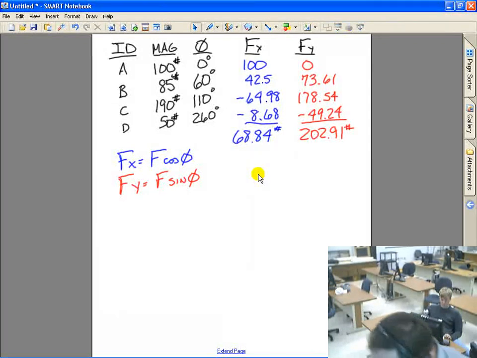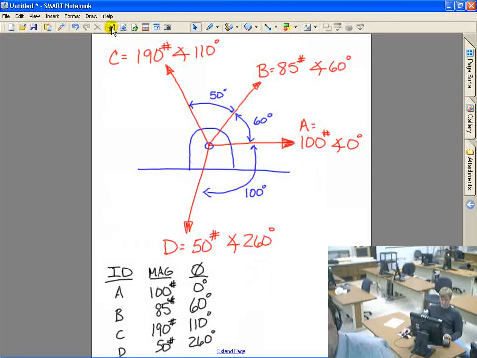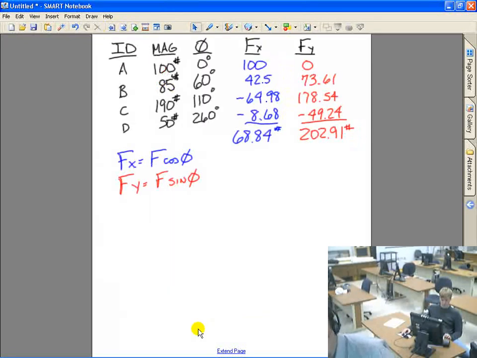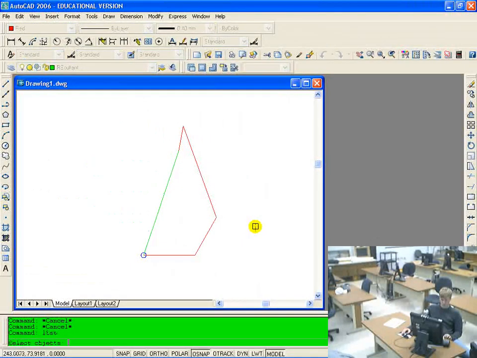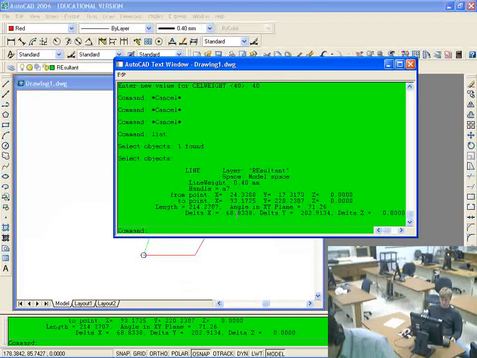And remember, we're shooting for what did we say this was if we list the resultant? We're looking at 214.3 at 71.26.